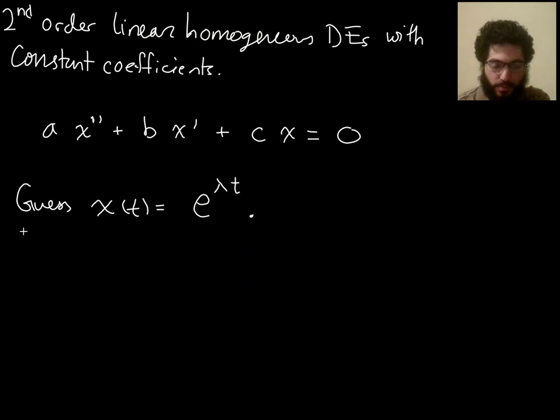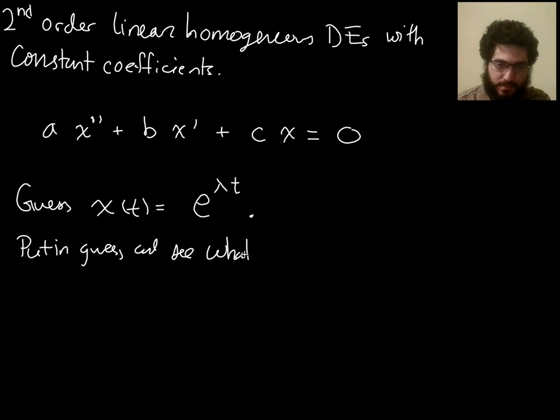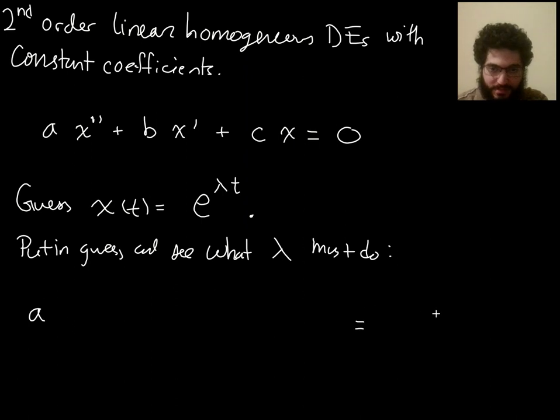Okay, so now we put in the guess and see what demands are placed on lambda, what lambda must do. In order to put in the guess, let me just write the differential equation down.